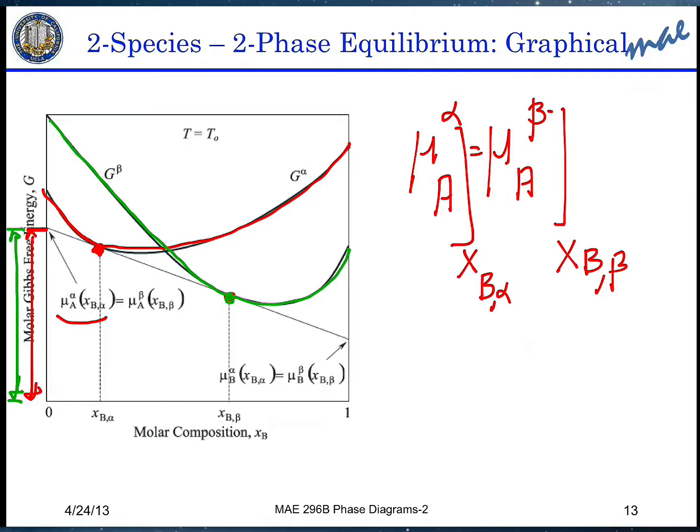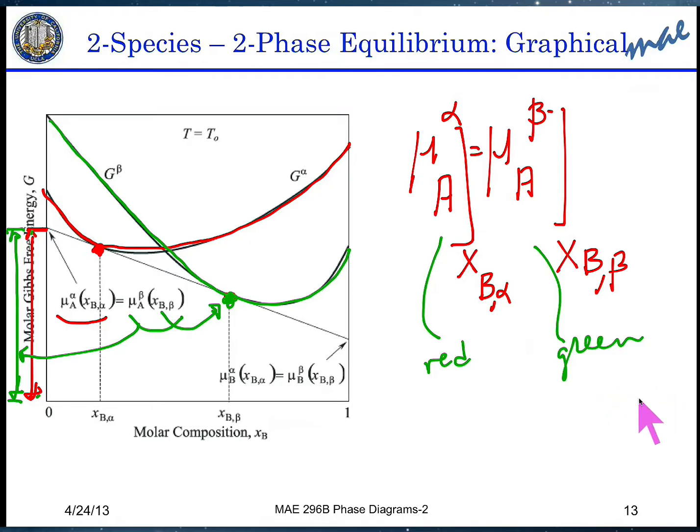And this green intercept is mu of A in the beta phase, evaluated at this concentration. So the XB in the beta phase is this concentration, and the mu A in the beta phase is the green height. So the solution is that the red arrow must be equal to the green arrow. The alpha phase is the red arrow, and this is the green on this slide. And that will essentially give us the equilibrium concentration.